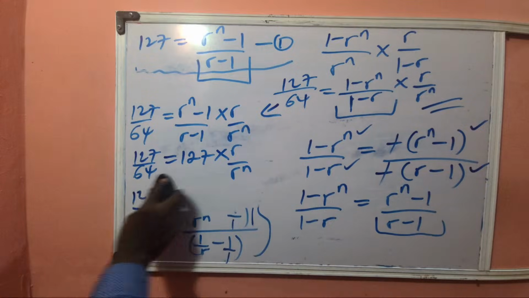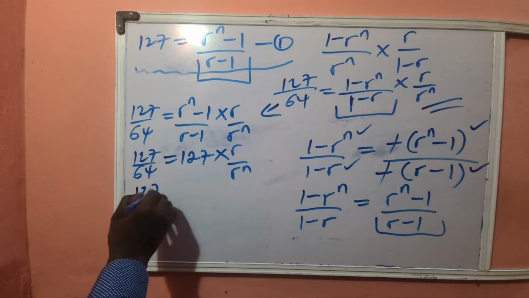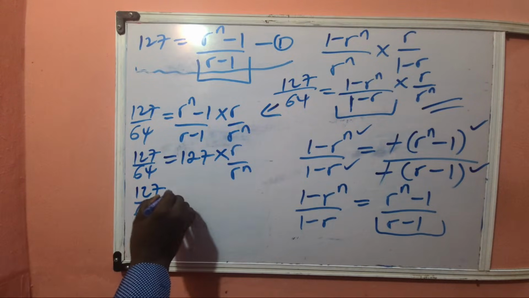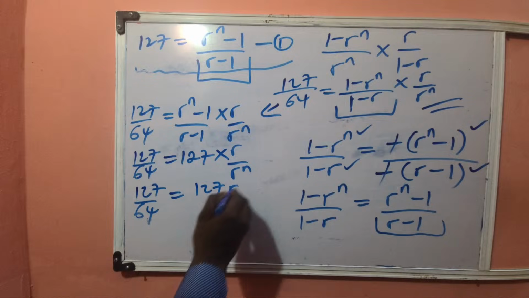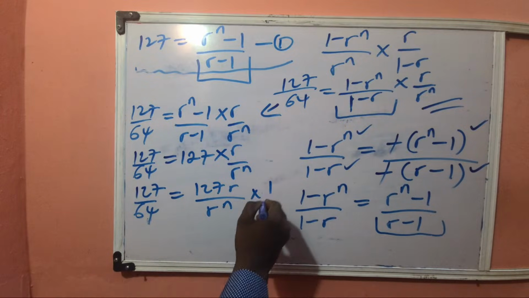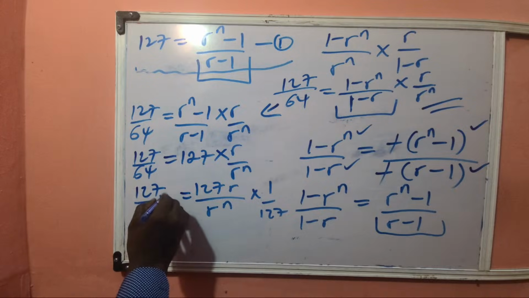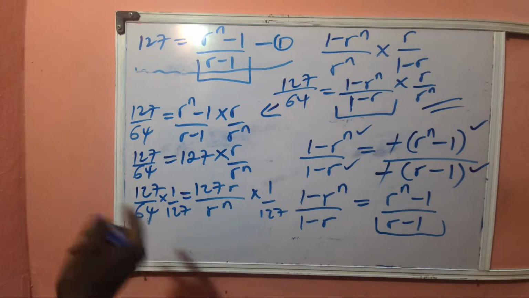Now, looking at this, if I decide to, this can be written as 127 over 64 equals to 127r over r raised to power n. I can multiply both sides by 1 over 127. If I multiply this place by 1 over 127, both sides, I'm not wrong.